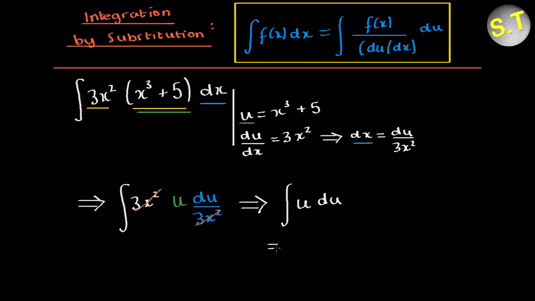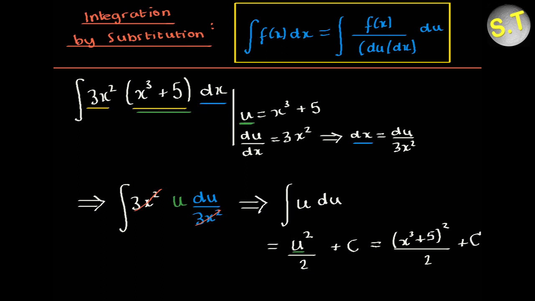Now very simply, if we solve this, we increase the power by 1 and divide by the new power, and as always with indefinite integrals we need a constant of integration, and then all that's left to do is replace our u value here with what we had before, which gives us a final solution of x cubed plus 5 all squared, that's u squared, over 2 plus c.